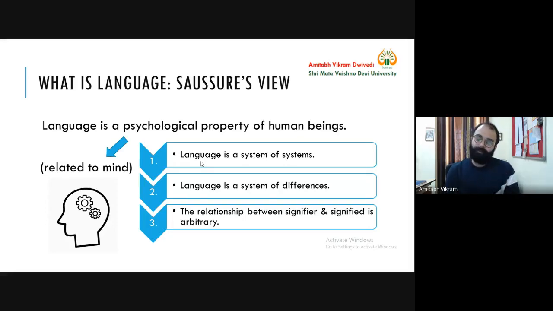But there are only a few words where there is a direct relationship between signifier and signified. And those types of words are known as onomatopoeic words. That means we copy those sounds from nature. For example, tick tock. When I say tick tock, I'm not talking about that application. I'm talking about the tick tock of a clock.